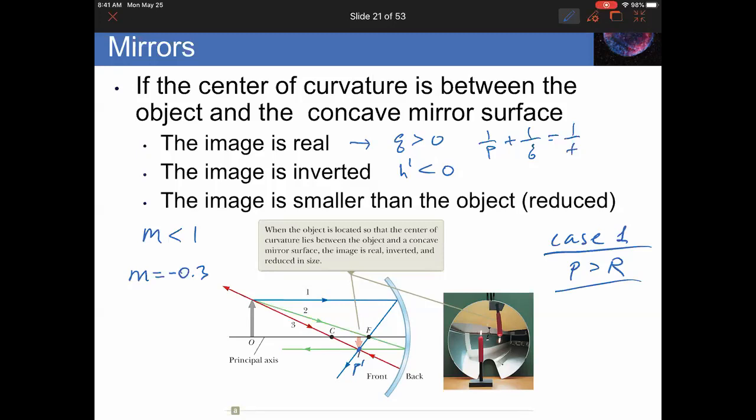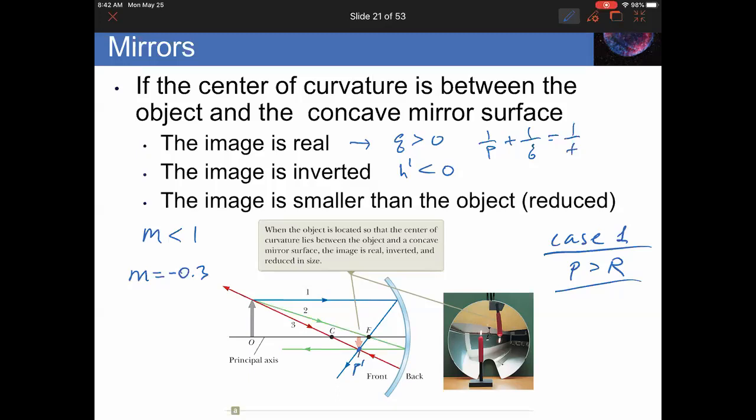But generally, these few slides demonstrate that with the concave mirror, here is an example of where you get a real image. A real image is in front of the mirror. A real image is always going to be inverted. A real image doesn't always mean smaller. It can actually be the same size as the object or even bigger than the object.